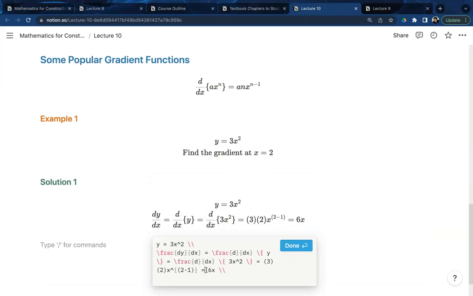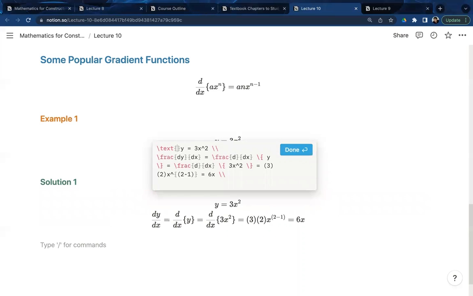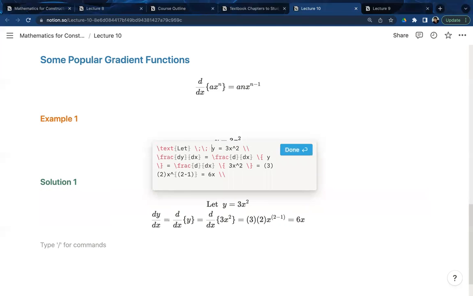This is why they use the notation f prime of x, right? So I could say, let me just introduce the concept because they never give us that. Let f of x equal y, okay?